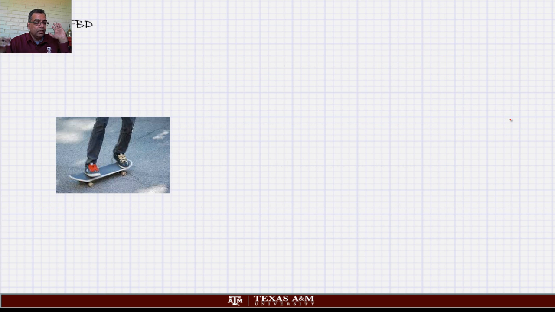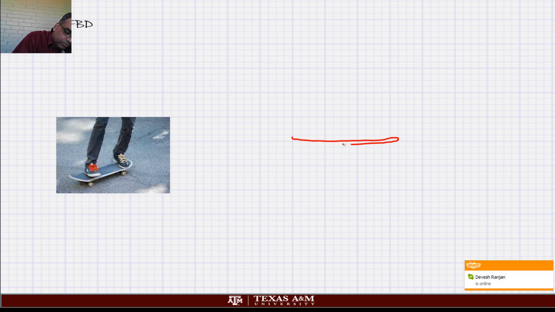That's it. Okay, so given this idea, let's draw the free body diagram. So I am first going to draw the skateboard side view there, and everything is blacked out. So I don't know what is inside. I don't care what is inside. So first point is free floating.